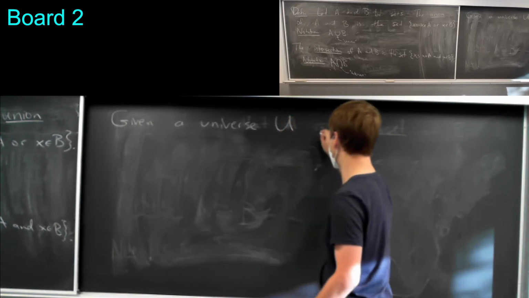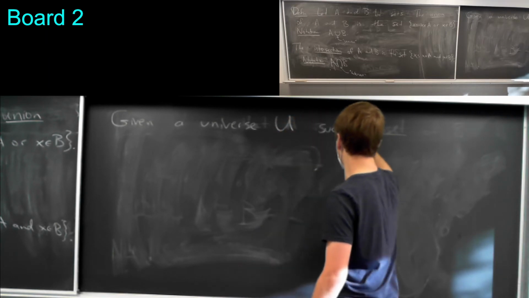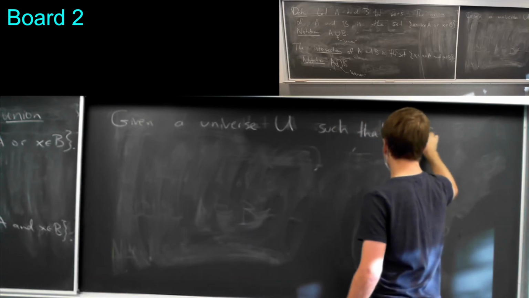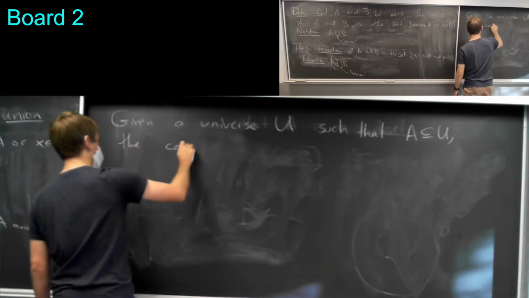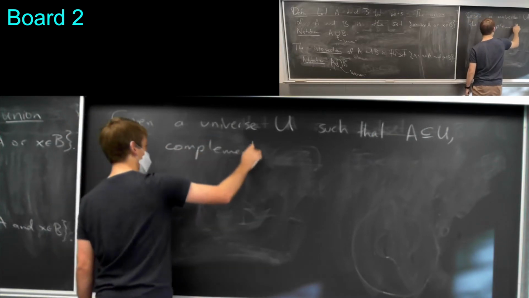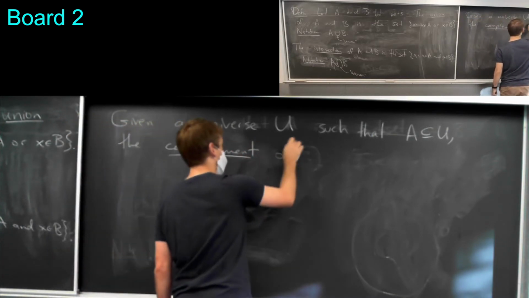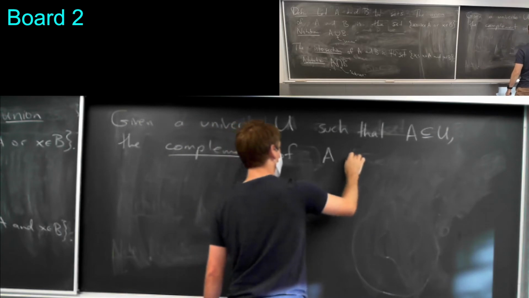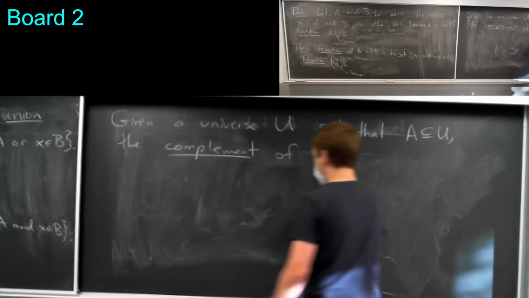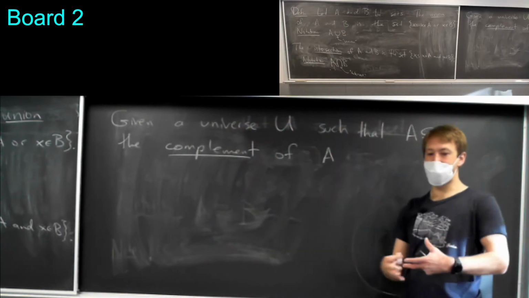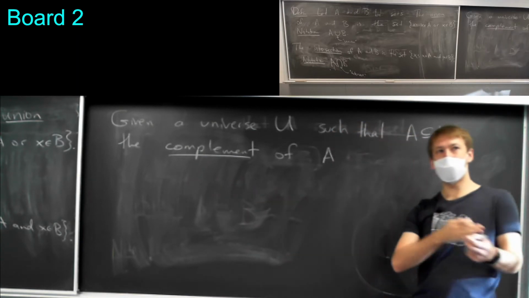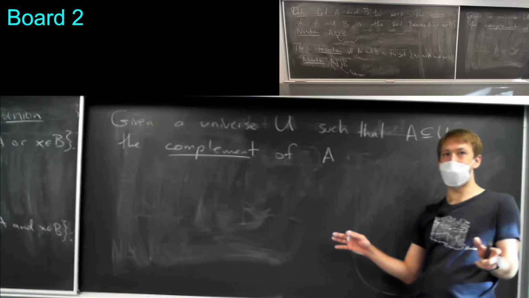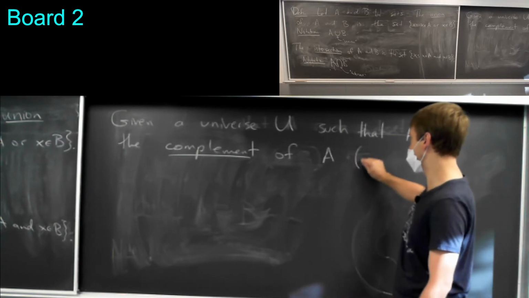Given some universe U such that A is a subset of U, the complement of A, often if we understand what the universe is, then it makes sense to just write the complement of A and not have any more explanation.